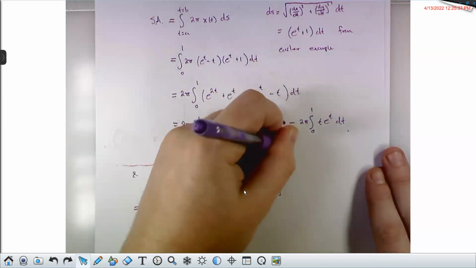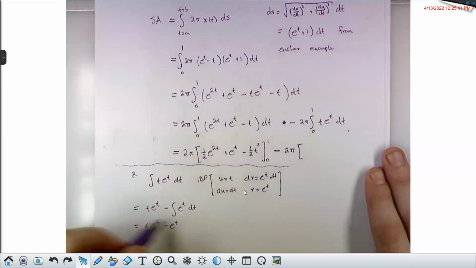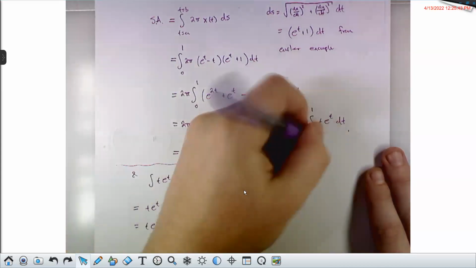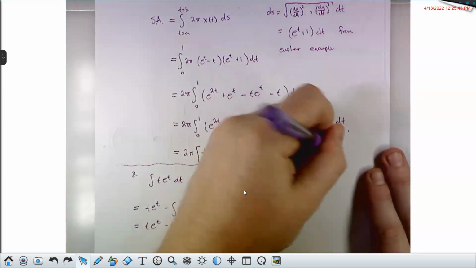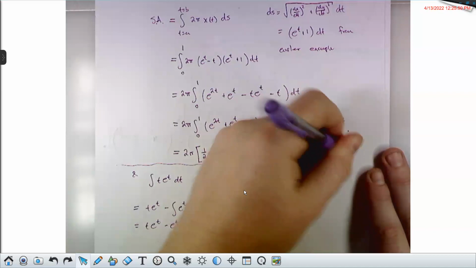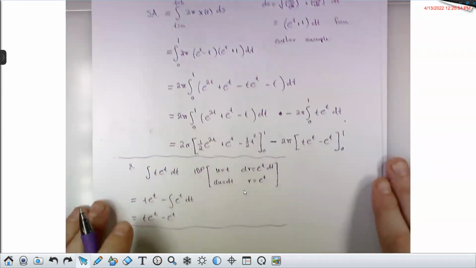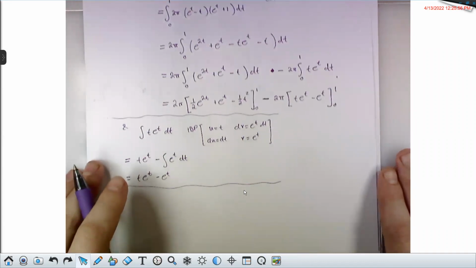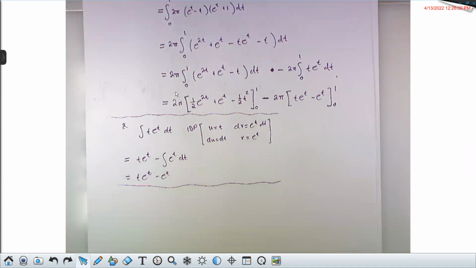So I'll have minus 2 pi times this thing, t e to the t minus e to the t, evaluated from 0 to 1. I can put these pieces back together now, and that's worth doing because this e to the t and this e to the t will cancel.